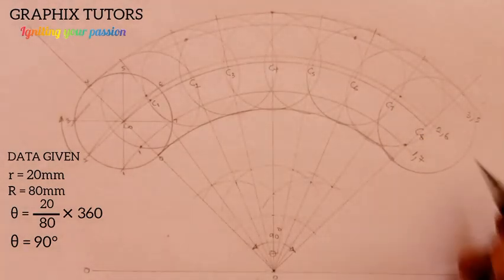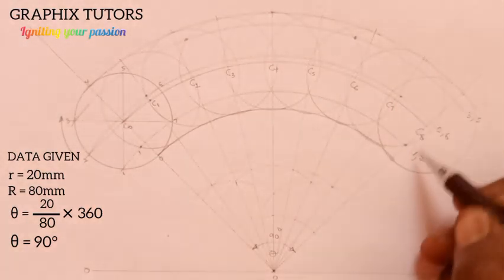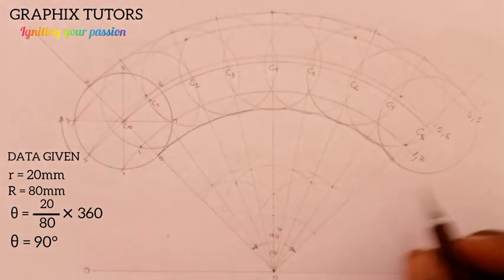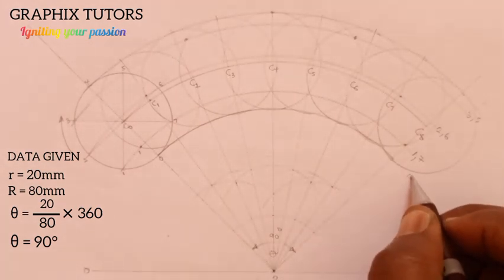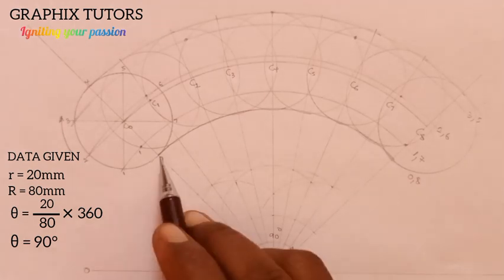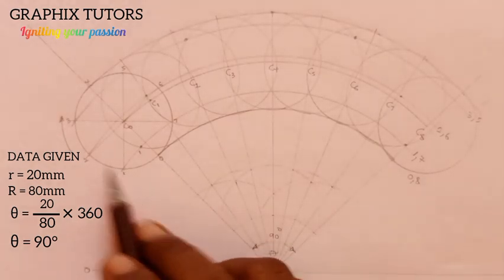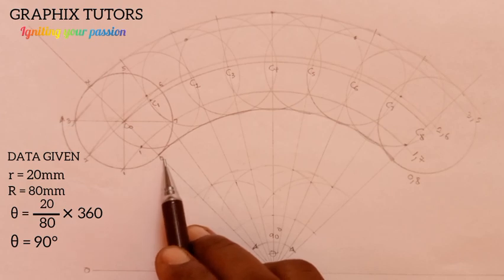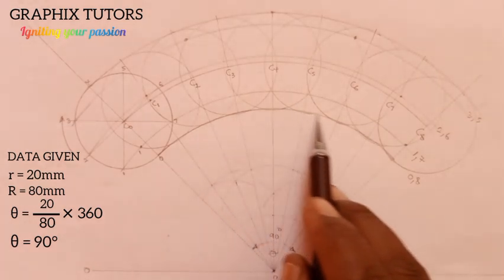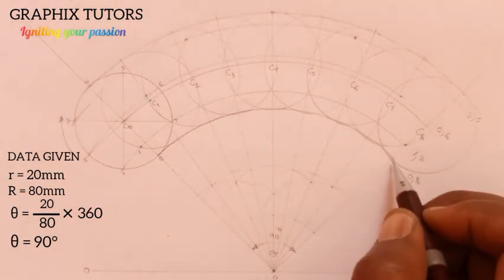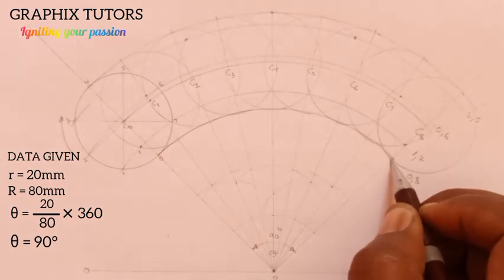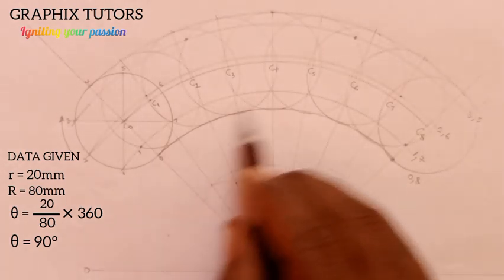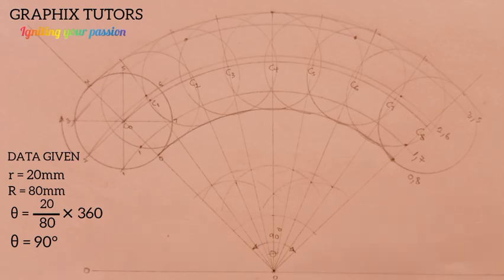Now where circle 8 touches, knowing fully well that 0 comma 8 are on the same point. So this is 0 here, because if you count 1 2 3 4 5 6 7, then 8. So 8 and 0 are the same point. If you trace it, where 0 line meets circle 8, or where the 8 line meets circle 8, this is what we're having. So we have closed it up.